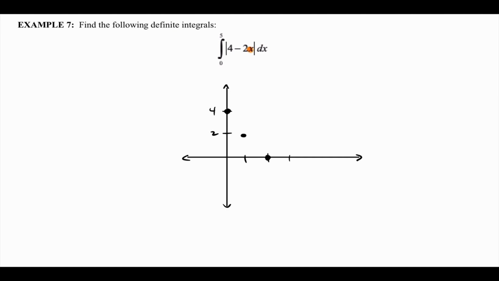So yeah, it's going to be +2. When I plug in 4, I'm going to get, sorry, -4, but the absolute value of -4 is 4. When I plug in 5, I'm going to get -6. The absolute value of -6 is +6.